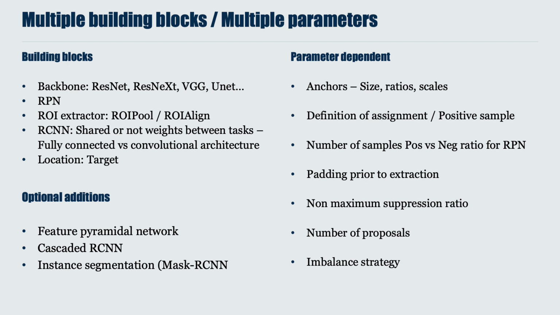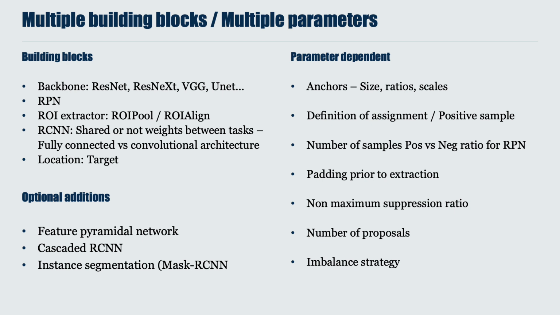You just saw the feature pyramid network to help with that, cascaded RCNN, or instance segmentation with, for instance, Mask RCNN. And we saw a large number of parameters that could greatly impact both the results and the training process.